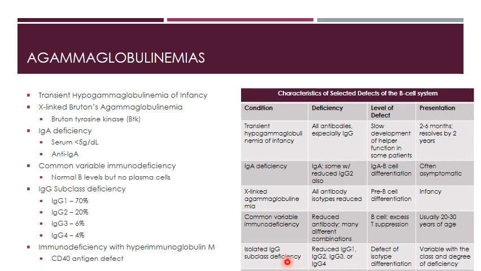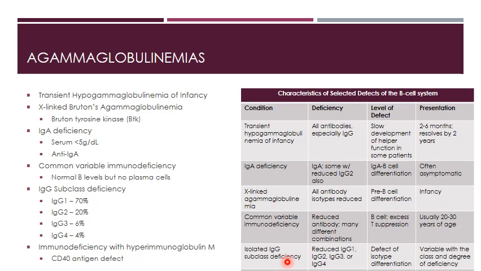So if you get a faulty copy or no copy of the BTK gene on one X chromosome, us ladies can look to our other X chromosome for the other copy, and the gentlemen are unfortunate that they don't have that copy.